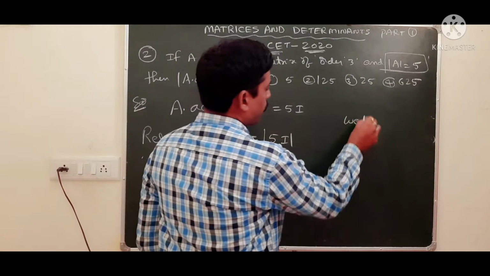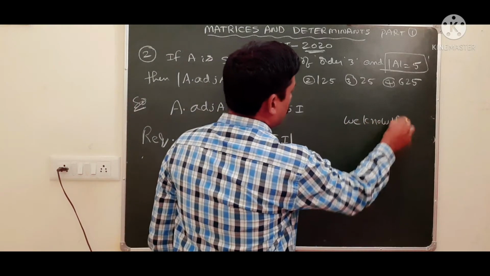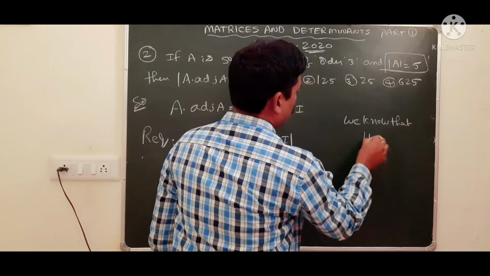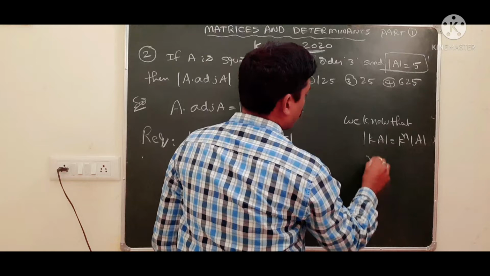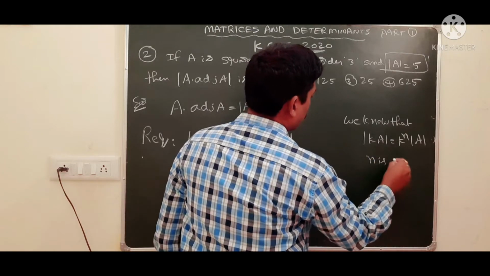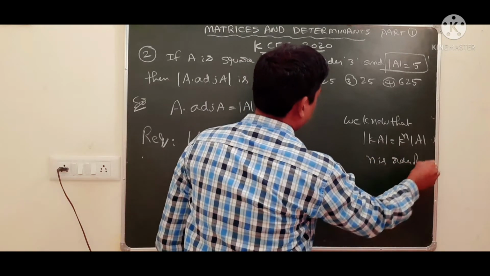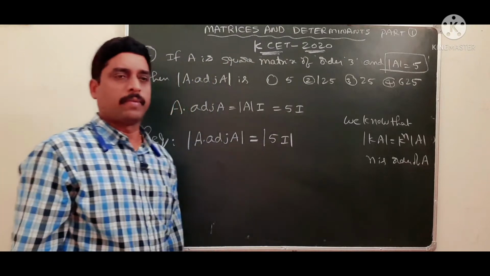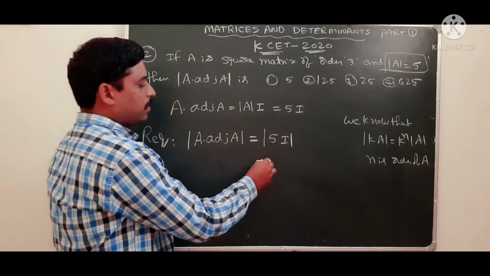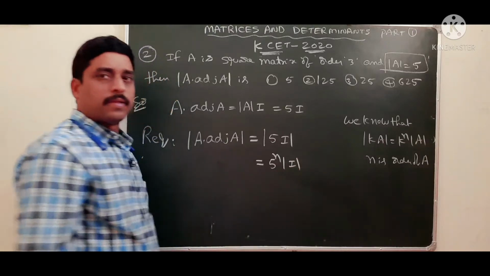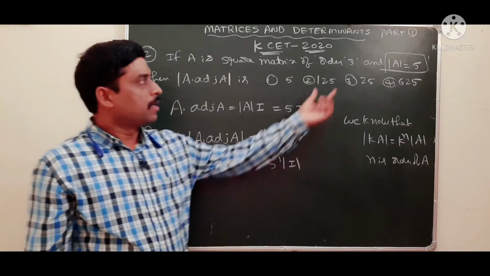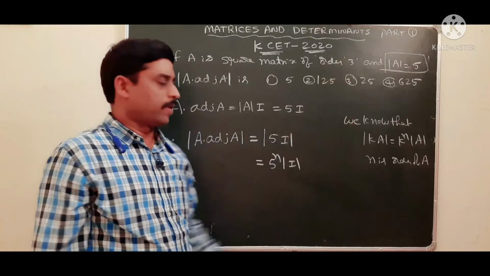We know that determinant of kA is equal to k to the power n into determinant A, where n is the order of the matrix A. So this is equal to 5 to the power n into determinant I. In the statement, the order n is equal to 3.